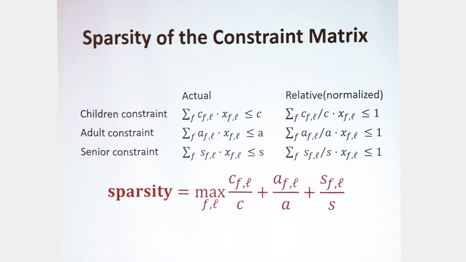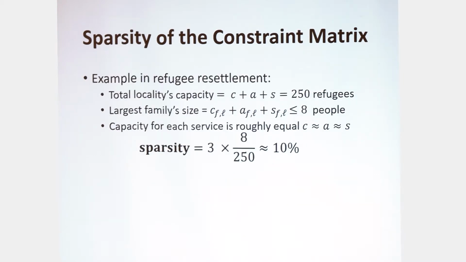Okay? So let me give you an example of sparsity in refugee resettlement. The total locality capacity on average is about 250, so you can admit 250 people. And the largest family size is 8.